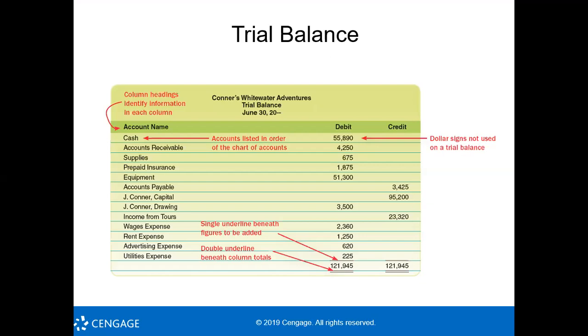So we do this trial balance periodically throughout the accounting cycle to make sure we have equality between the debits and credits. We want to make sure before we prepare our financial statements that debits equal credits, because if they do not, something has been recorded incorrectly. So it's really like a checkpoint, if you will.